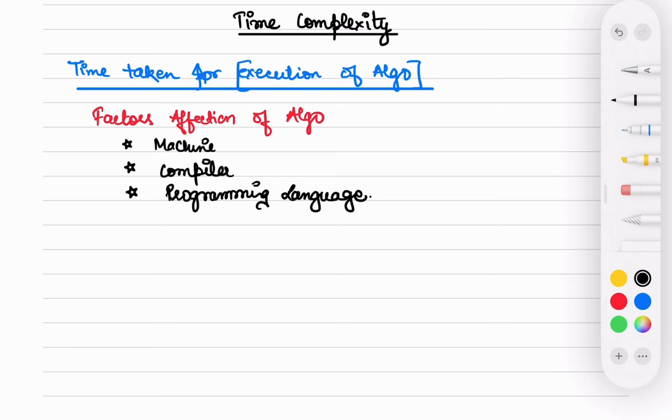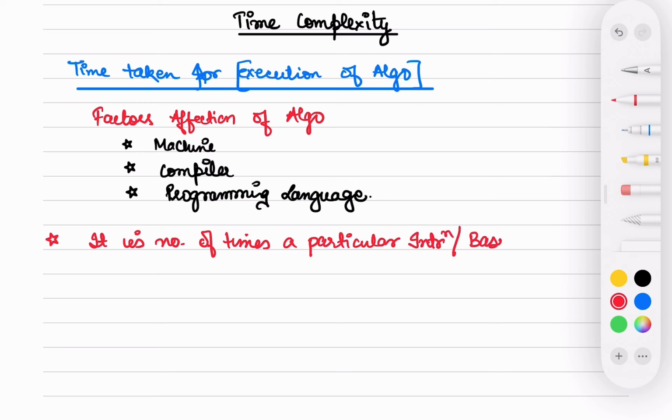So what is that fundamental factor? We now define time complexity as the number of times a particular instruction, or basic operation, is executed.